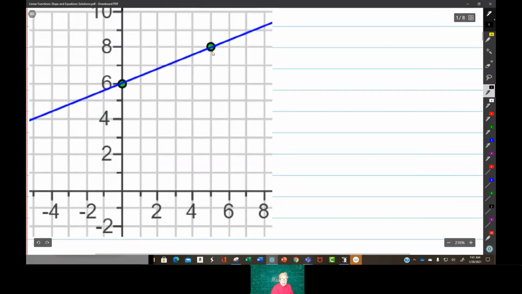So I draw a little triangle so that I get this right triangle. And what I'm going to do is take the rise. This is to find slope. The rise over the run.